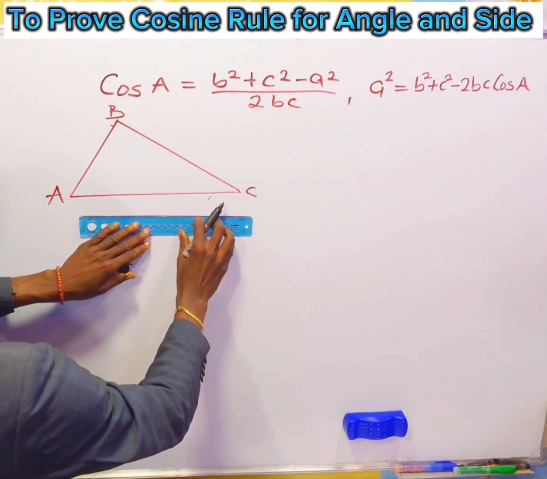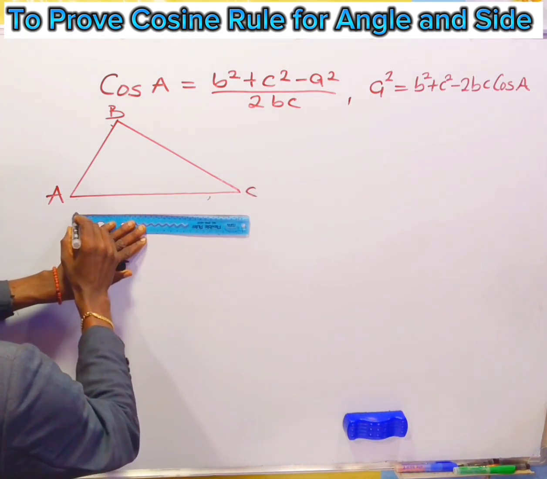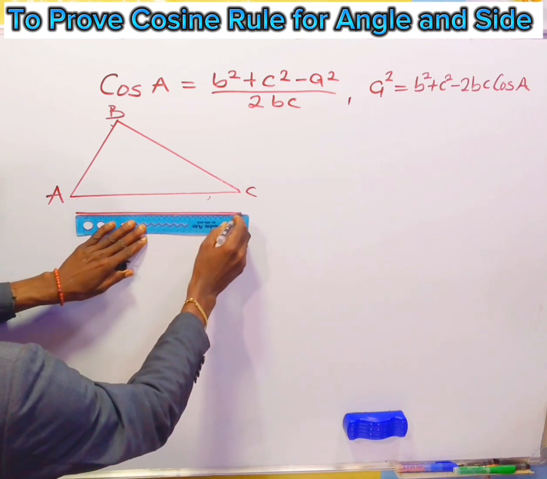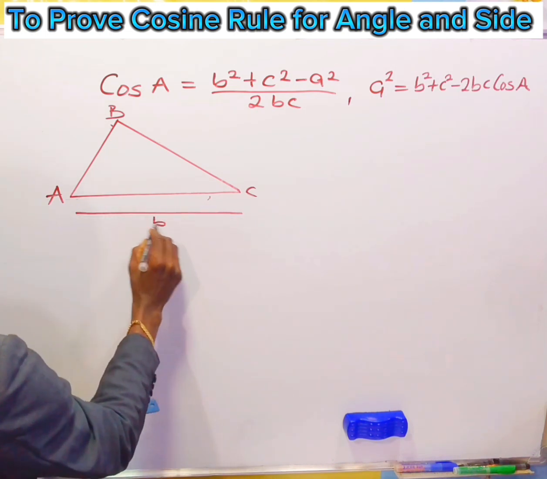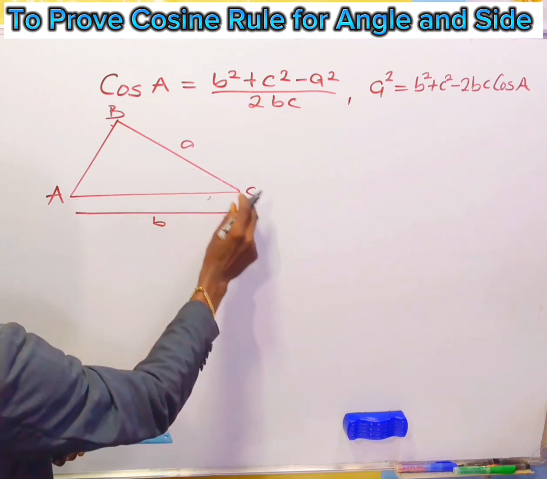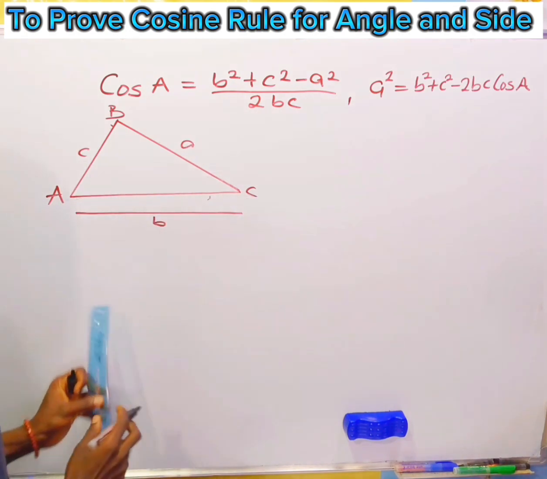Let's call the side opposite B the small b, opposite A the small a, and opposite C the small c.